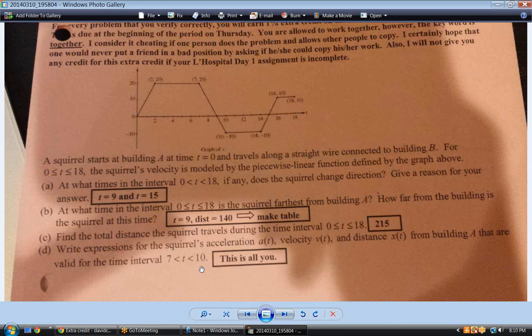Well, what is the acceleration? Isn't it the derivative of velocity? Yeah. And derivative is the slope of the curve, right? So, what is the slope of the curve from 7 to 10?